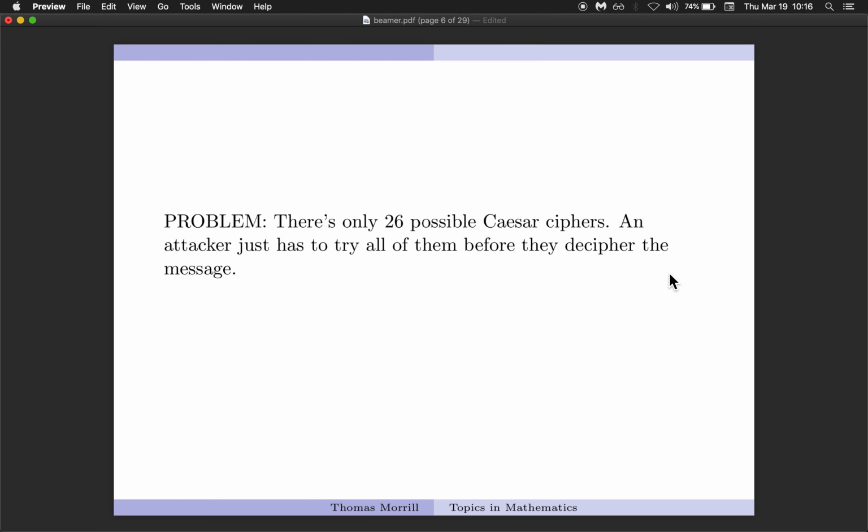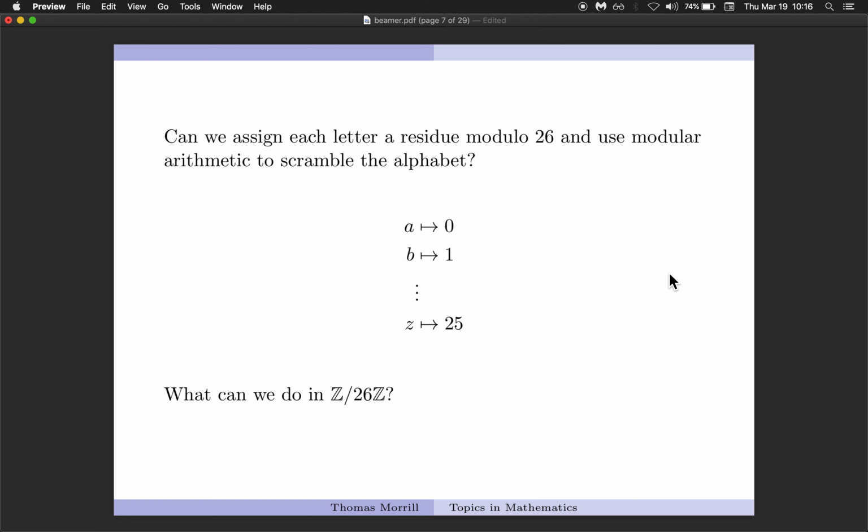Since we're already using the idea of wrapping around the alphabet, let's go ahead and commit fully to the idea that I can use the integers mod 26 for encryption.